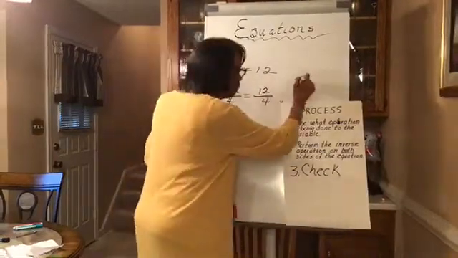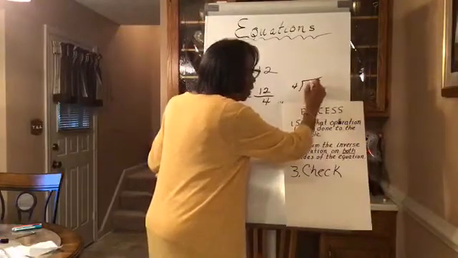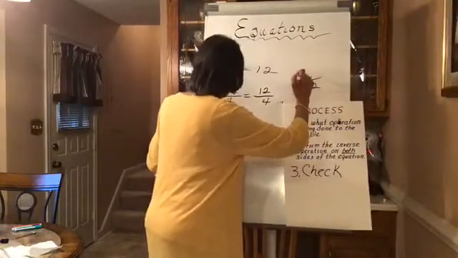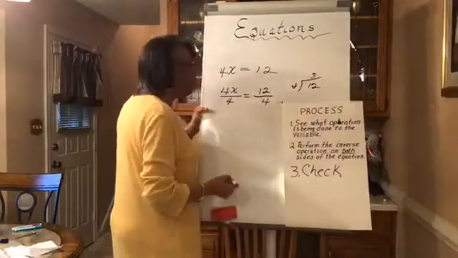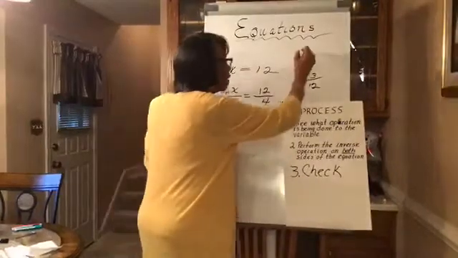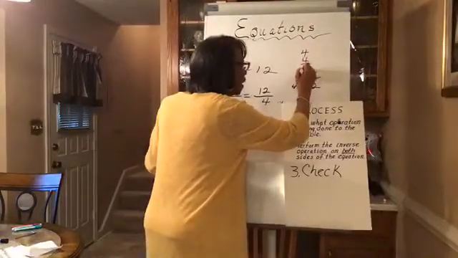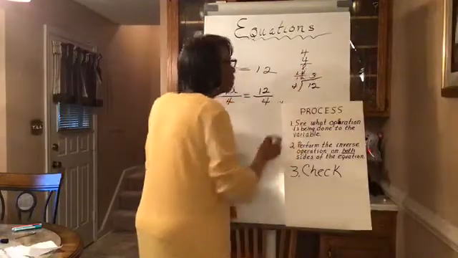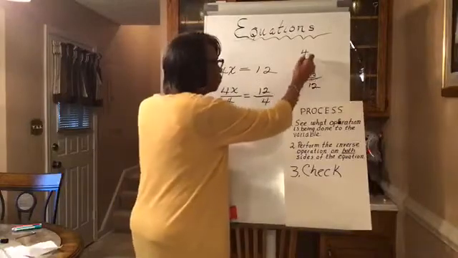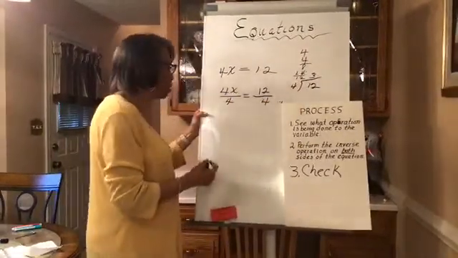So if you want to do this on the side, 4 into 12, and that answer is what? 3. Or if you want to do your 4 tables and say 4 plus 4 is 8, plus 4 is 12. All right, so you have 3 4s. Whichever way you do it, whatever level you're on.